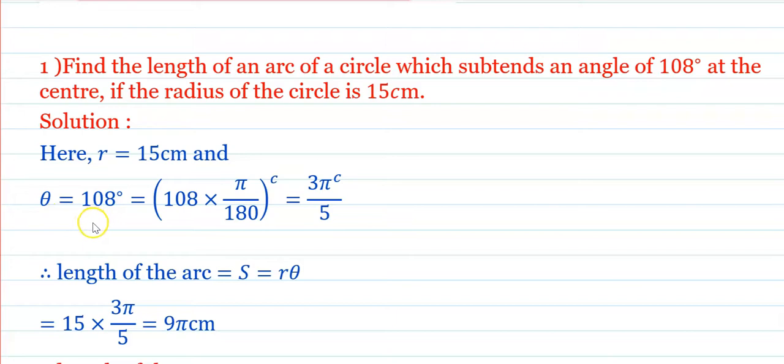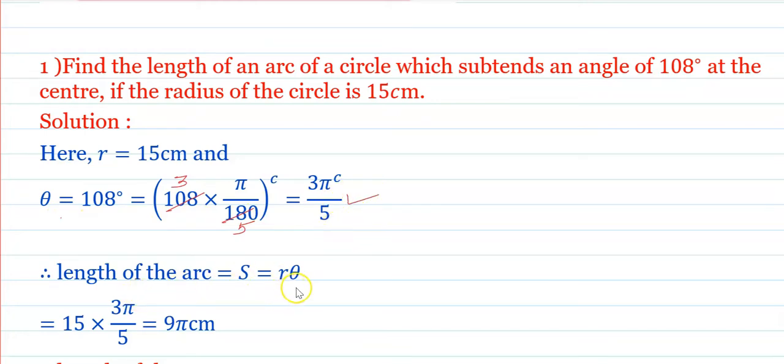Convert it into radian: 108 into pi upon 180. If we simplify, 36 into 3 you will get 108, and 36 into 5 you will get 180, and hence theta is equal to 3 pi by 5 radian.